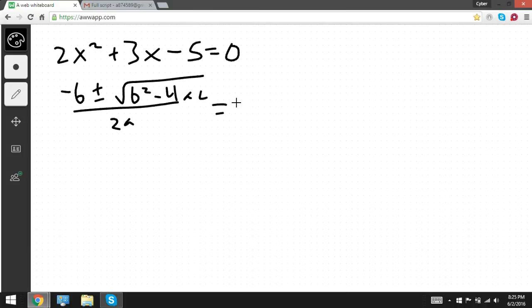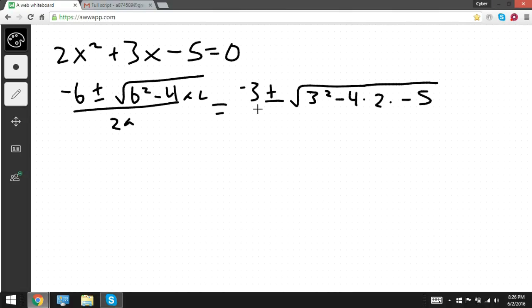Just plug it in. 3 would be b, so it would be -3 plus or minus the square root of b squared, 3 squared, minus 4a, which is 2, so 4 times 2, and then c is -5. And then it's all over 2a, which would be 2 times 2.